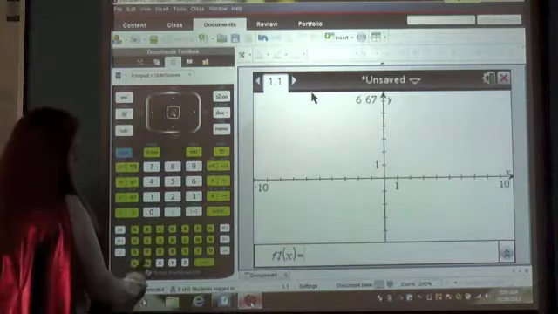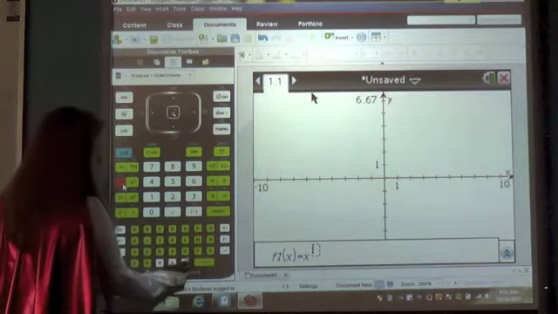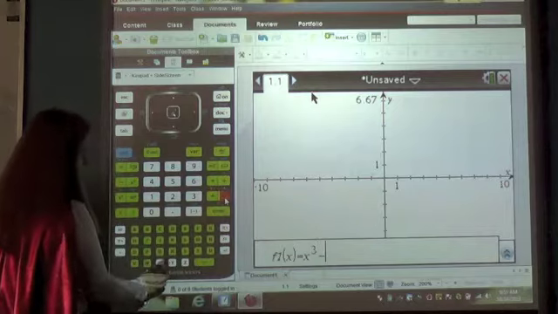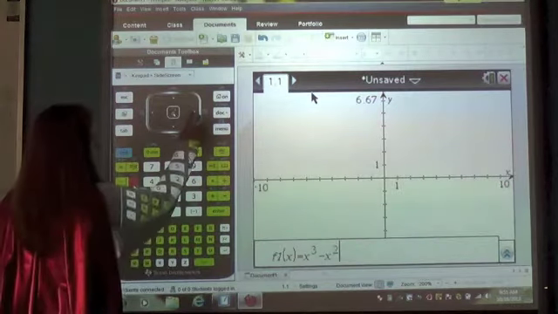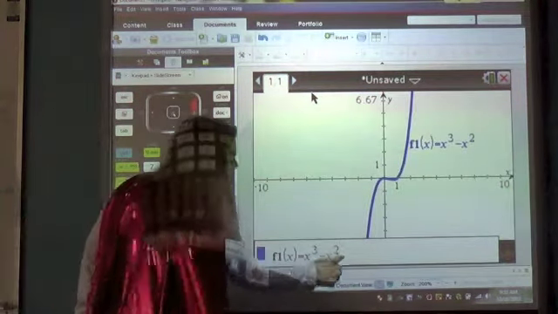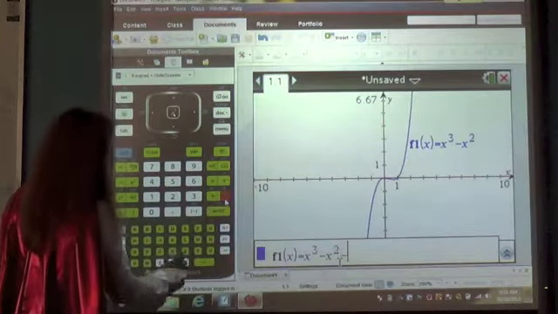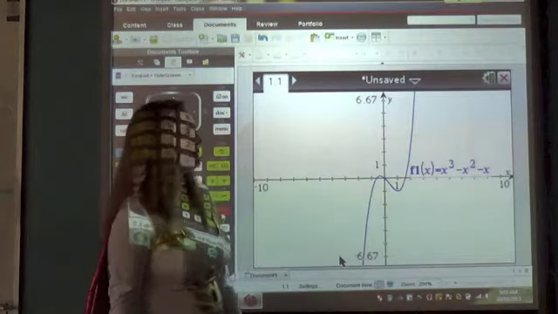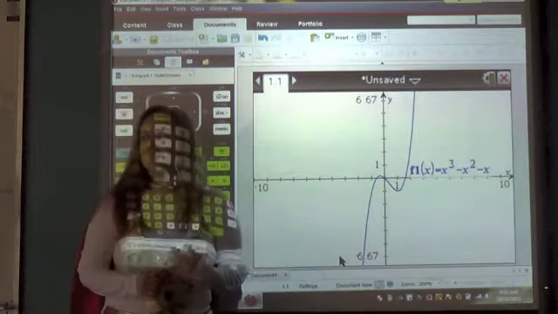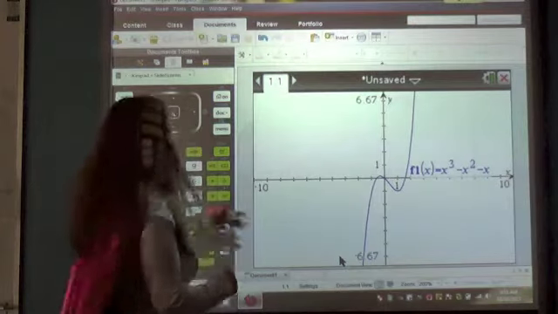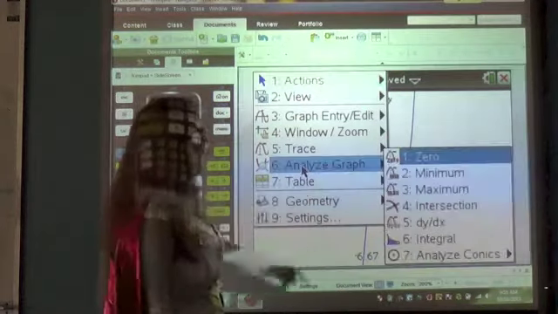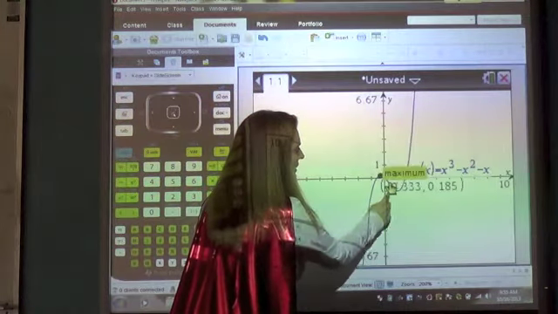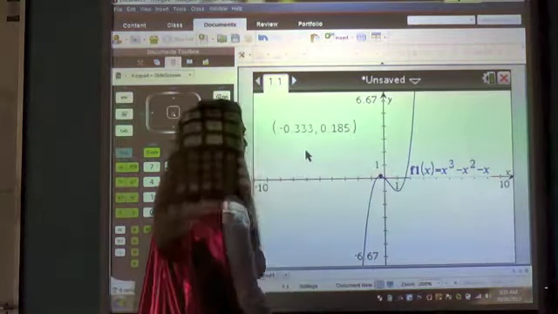Oops, I didn't finish it up. Minus x. So here it is, the exact same graph. To get the relative max and the relative min: menu, analyze, we're going to do max first. Click on the left, click on the right, and there's the max.